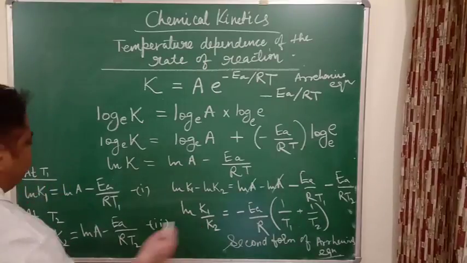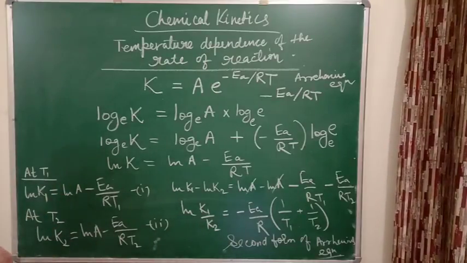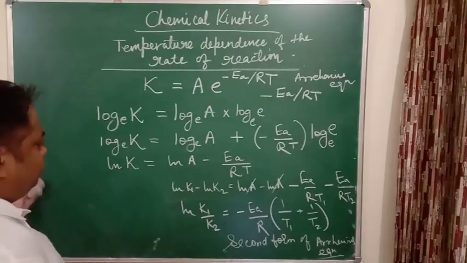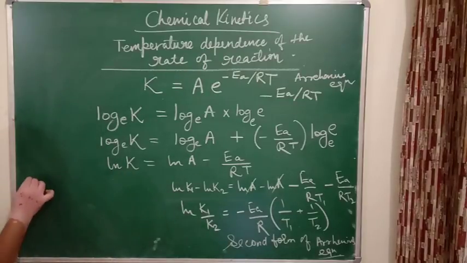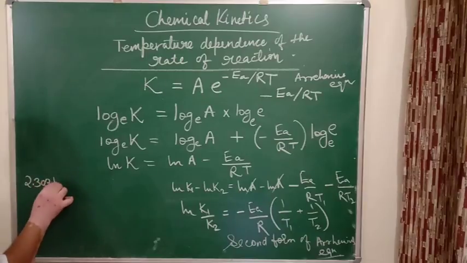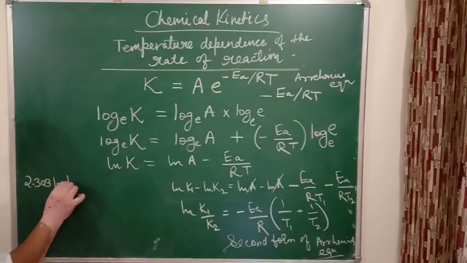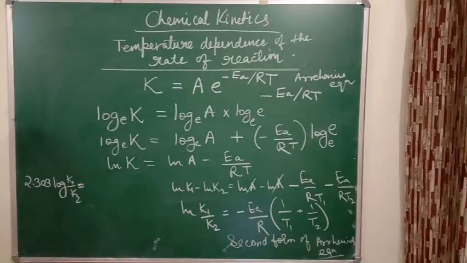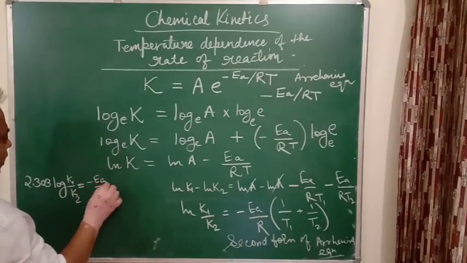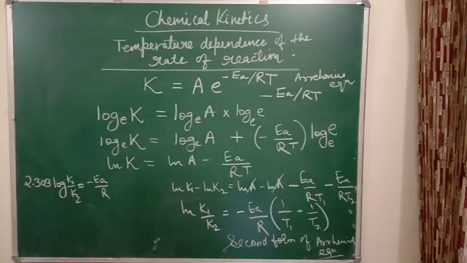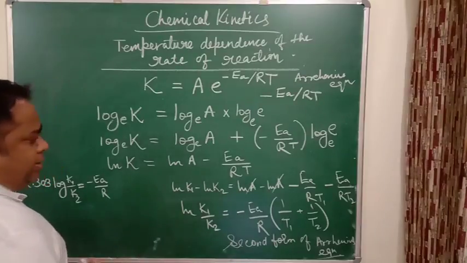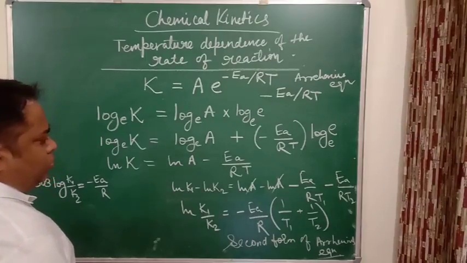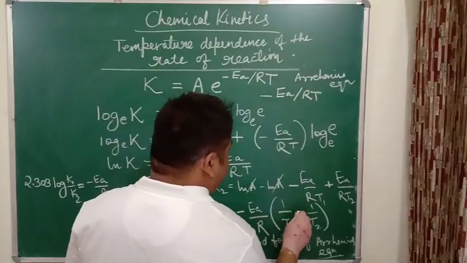Further, this can also be written as 2.303 log base 10 k1 by k2 is equal to minus Ea by R. Since we were subtracting, this will become plus here and this will become minus here.